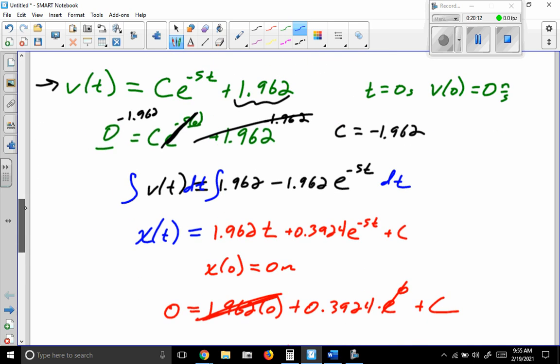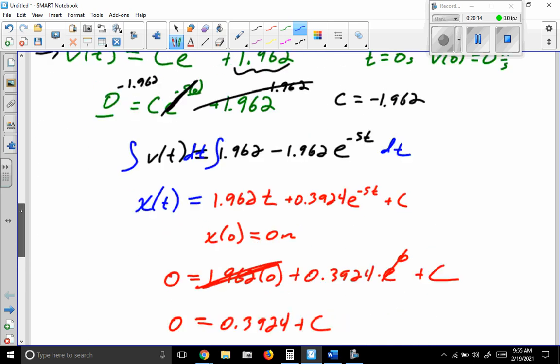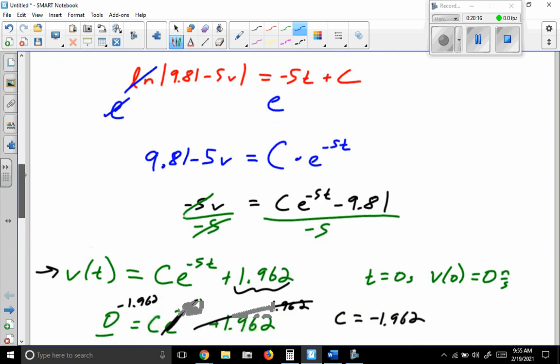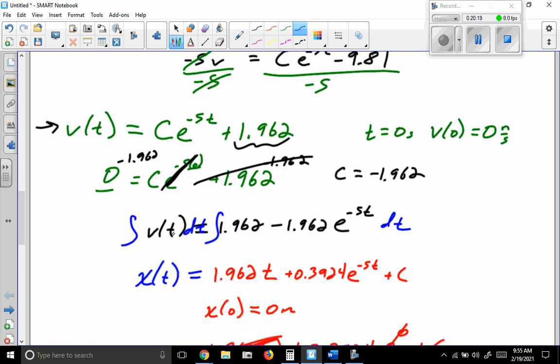Now, we could find terminal velocity. That was not part of the question. But if we have the velocity function, which was here, we could let time go to infinity. And if we let time go to infinity, we could find out what our terminal velocity is. If we let t go to infinity, then this term is going to go away, and we're left with our terminal velocity being 1.962 meters per second.